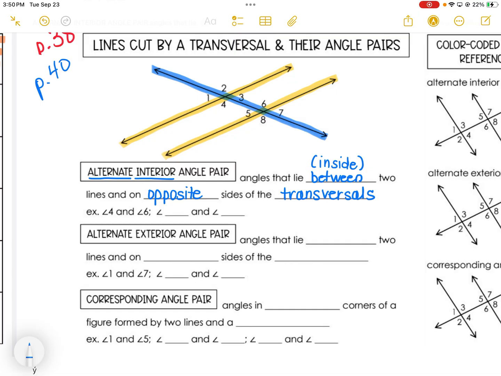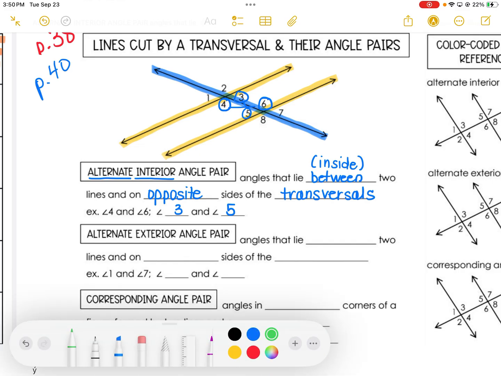The first example they gave us is angle 4 and angle 6. That would be a pair of alternate interior angles. The other pair would be angles 3 and 5. Those two go together and those two go together. Another thing I want to add, instead of giving you a separate page of notes: on this page we're defining and identifying the different angle pairs, but I also want to introduce the theorems that go with them.